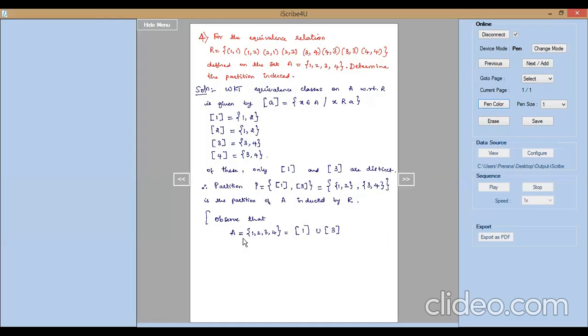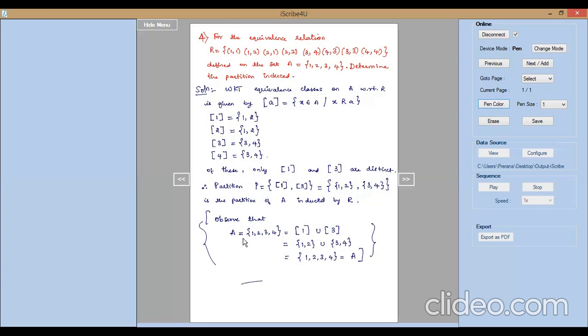Now for the second condition, the intersection of any two distinct subsets should be the null set. So both conditions are satisfied. The equivalence class of 1 is {1, 2} and the equivalence class of 3 is {3, 4}. When you club them, you get {1, 2, 3, 4}, which is the set A itself. This is just for your understanding, that it satisfies the partition. That is how we write down the partition definition.